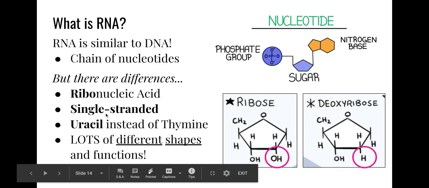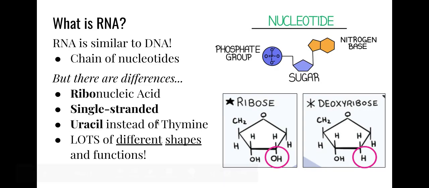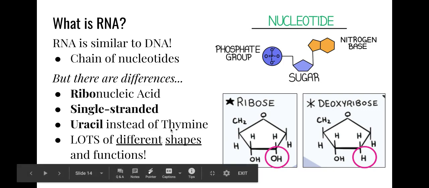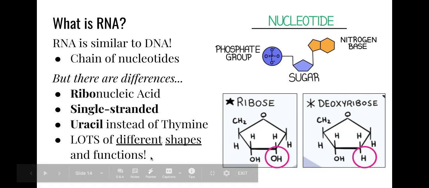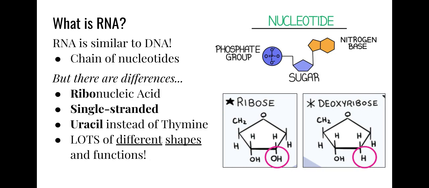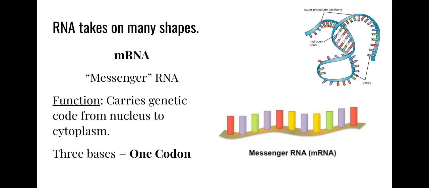RNA will use the nucleotide uracil in the place of thymine. So you'll never see any T's in an RNA molecule, but you will see a lot of U's. And RNA is different than DNA because it comes in lots of different shapes and does lots of different functions. DNA is always going to be in that double helix, and it's always going to be that place where we find our genetic code, our genotypes. A little bit about each of those different types of RNA will come next.